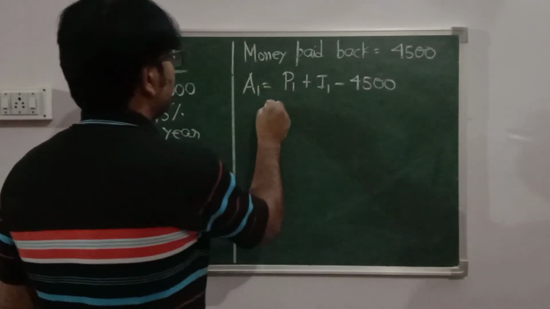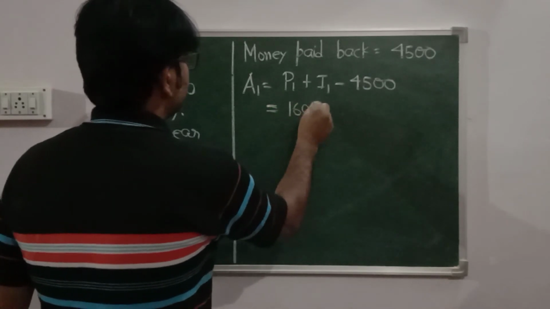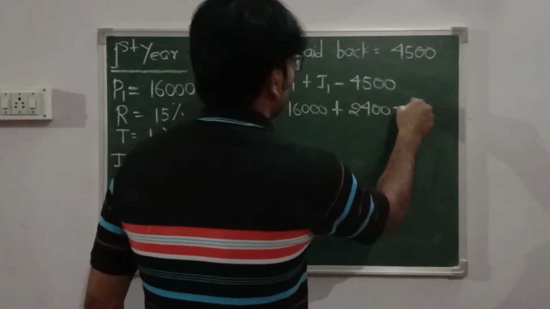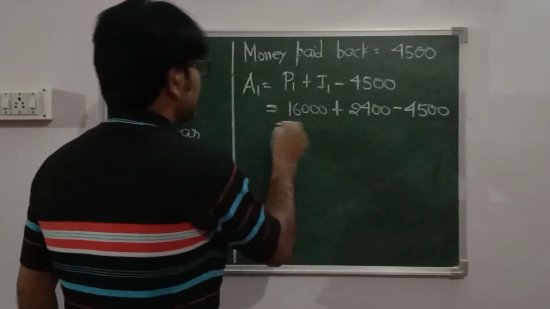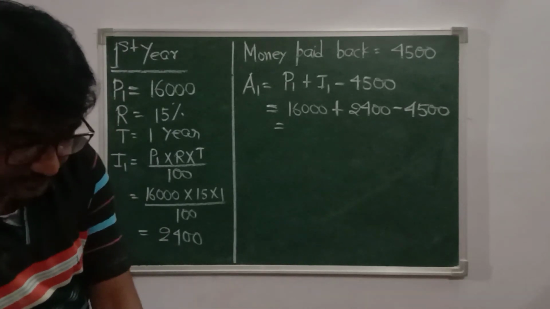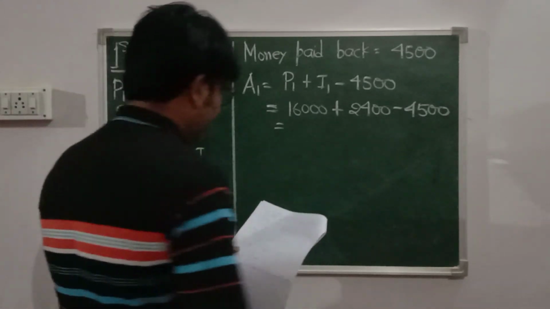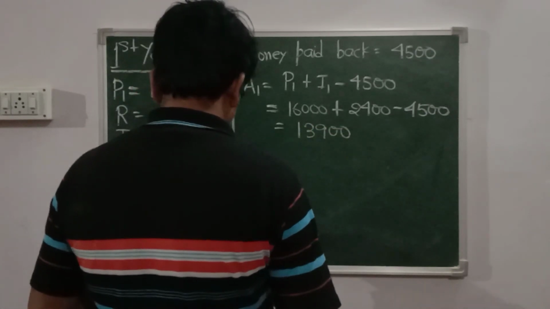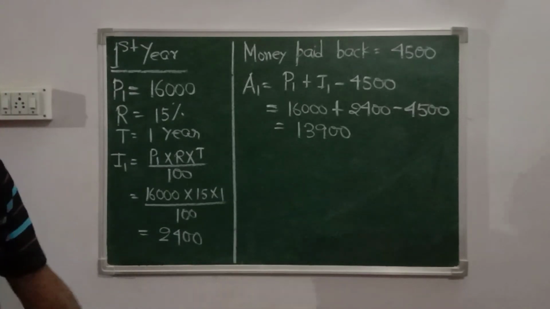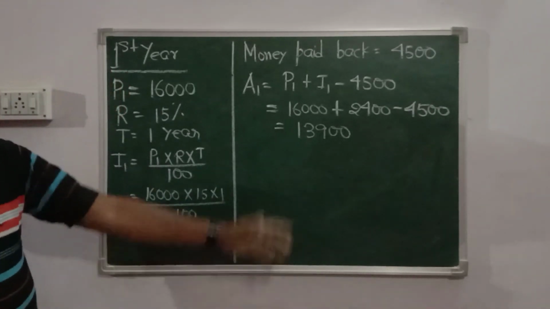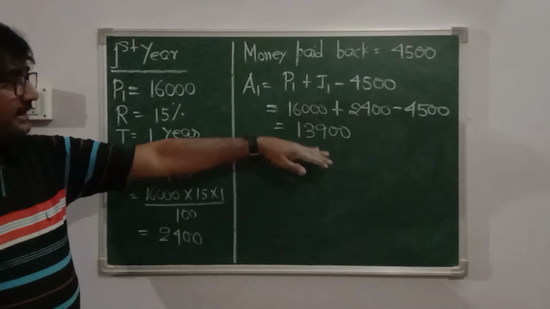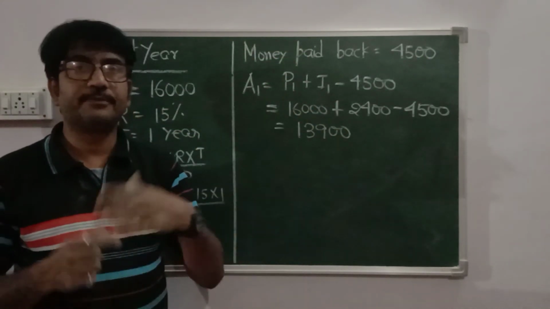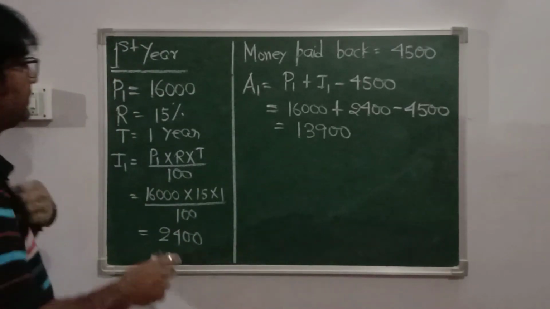So we have the principal 16,000 plus interest 2,400 minus 4,500. So finally this is coming to 13900. So 13,900, which is the amount at the end of the first year, will now be the principal for the second year. So now we move on to the second year.